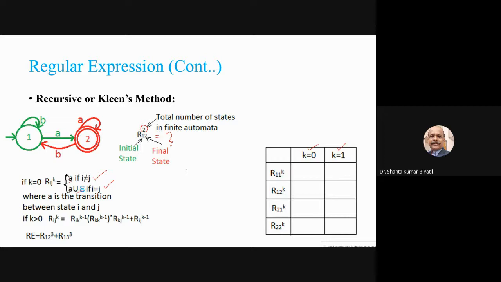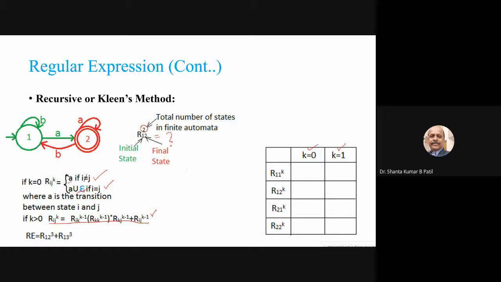If k is greater than 0, we use this equation: r of ij power k is equal to r of ik k minus 1, r of kk k minus 1 star, r of kj k minus 1, plus r of ij k minus 1.